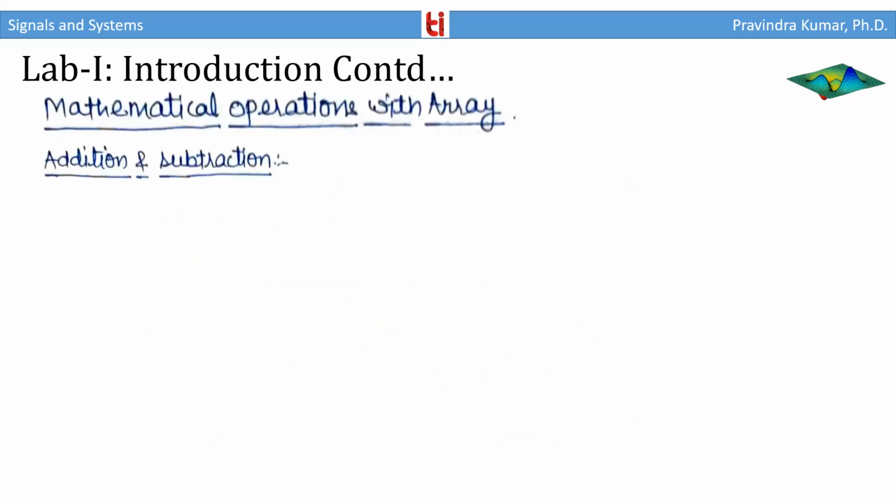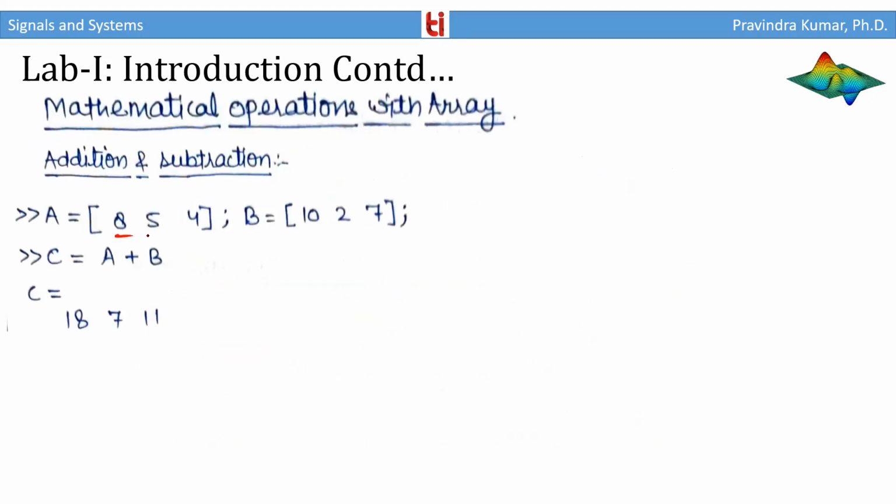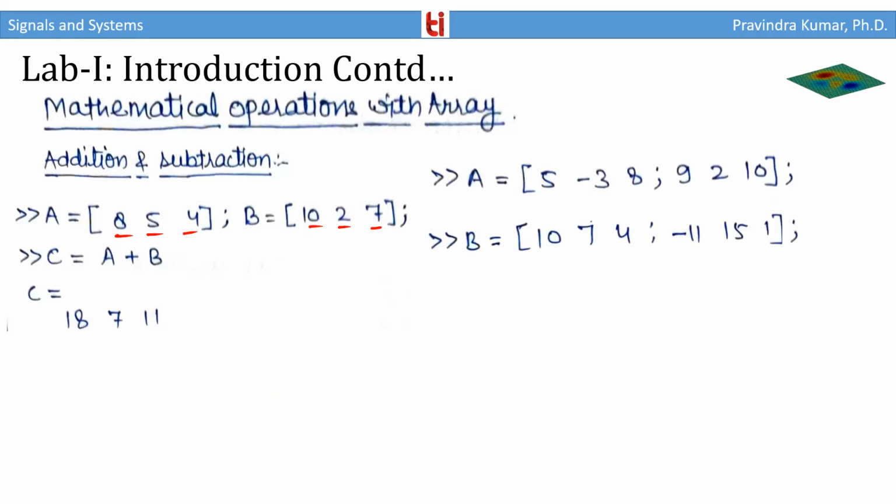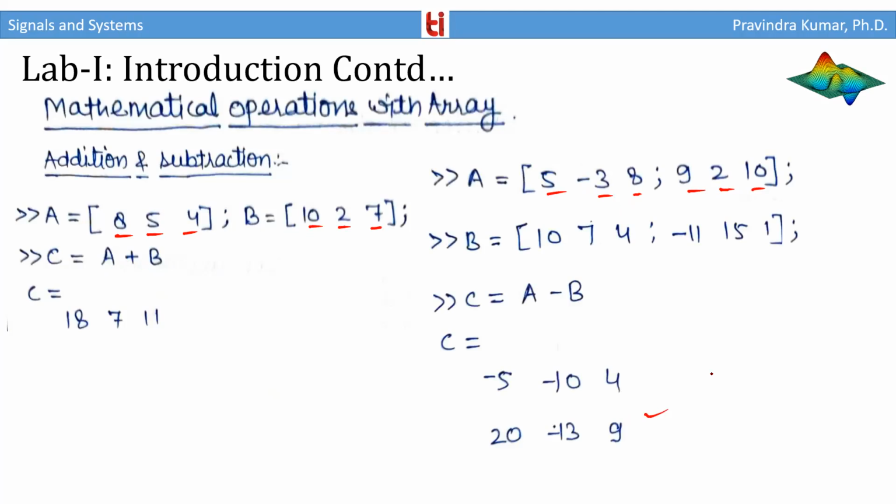So as I told you, if A is 8 5 4 and B is 10 2 7, then A plus B will be simple. And if A is this and B is this, 5 minus 3 8, and the second row 2 9 2 10, you can have C equals A minus B. So this is the operation addition and subtraction, as I told you.